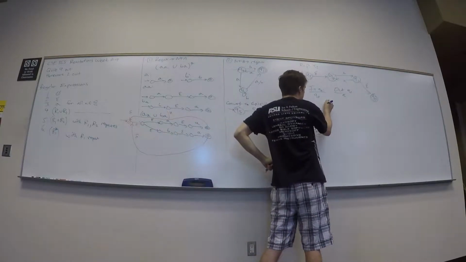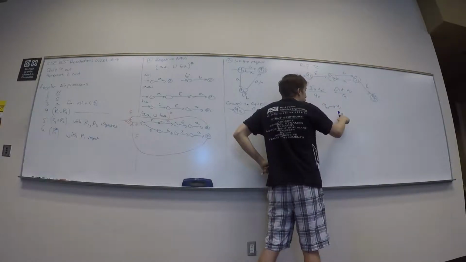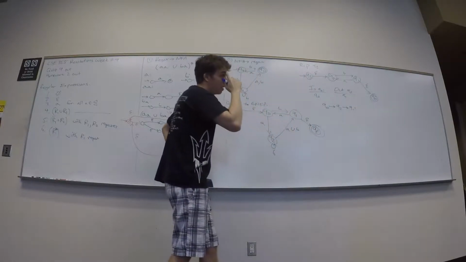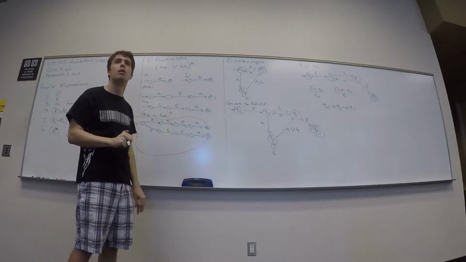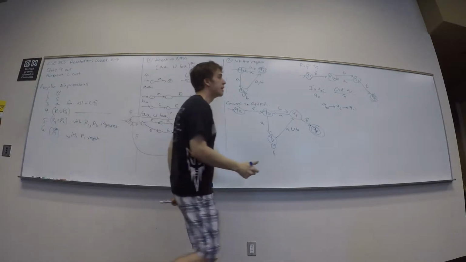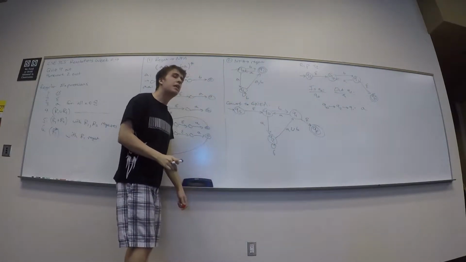So let's figure out what that is. For Q0, we're going to simulate as if we went into Q2, then back out to Q1. Okay, well, how did I get from Q0 to Q2 before? Yeah, just a single A. Did Q2 have a loop?